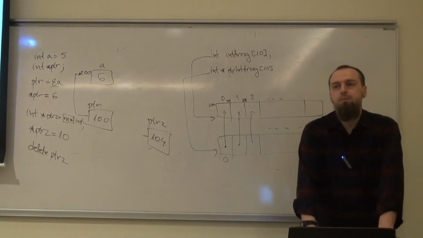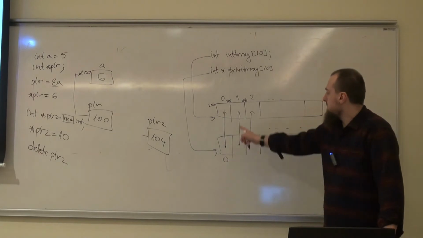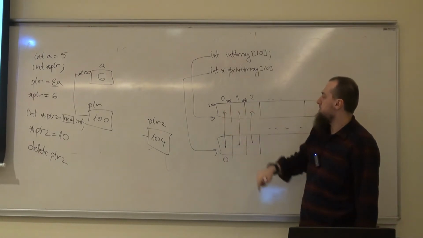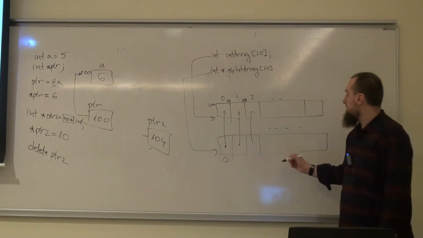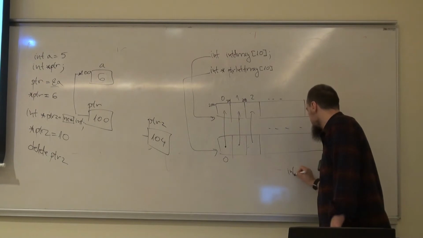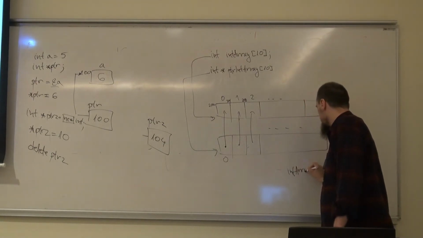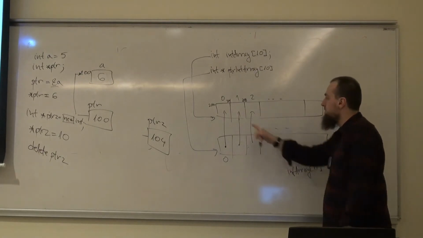Can you tell me? So how can I access the first element of this array, the 0th index? Array 0? Yes. So int array 0. I'm accessing this one.